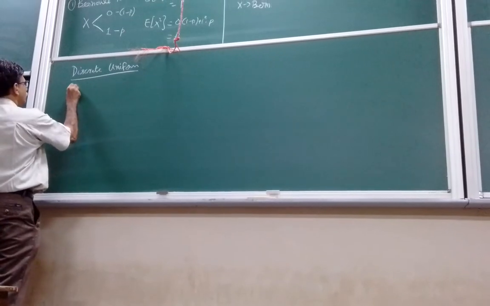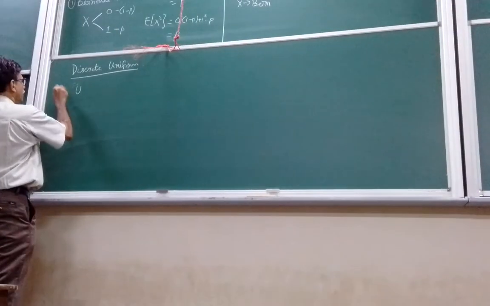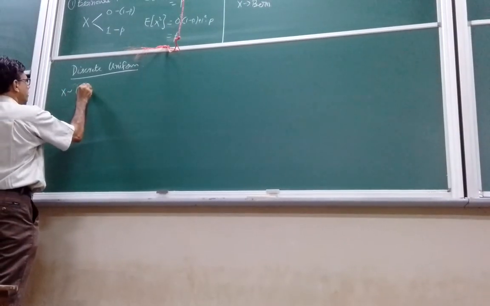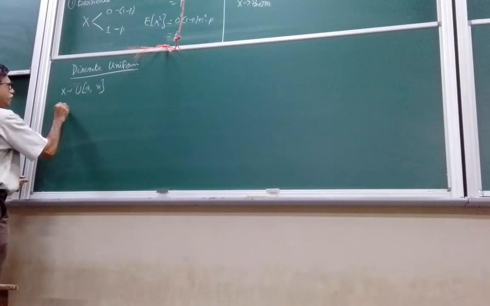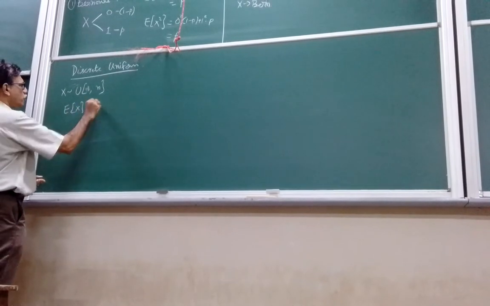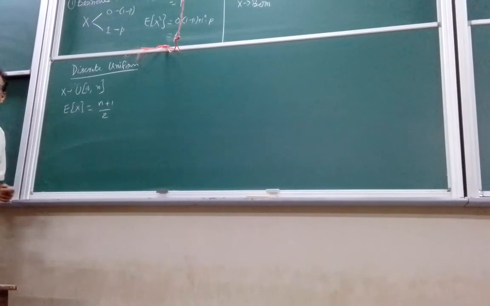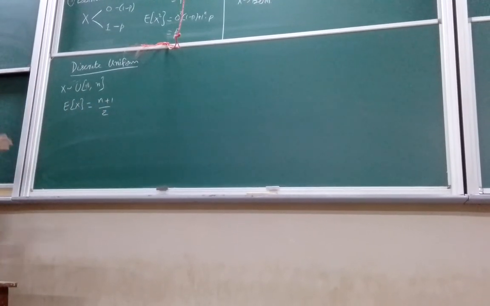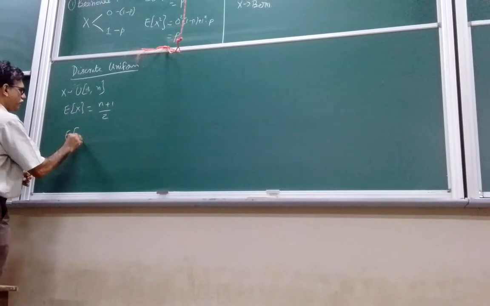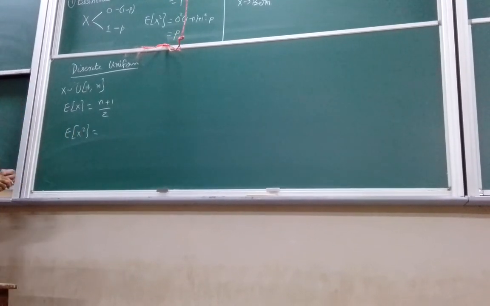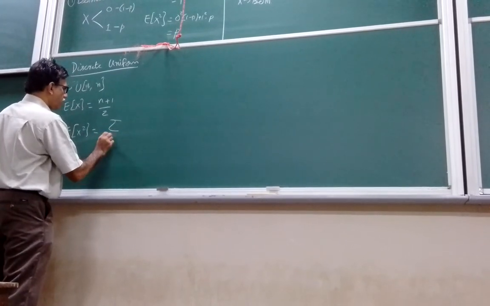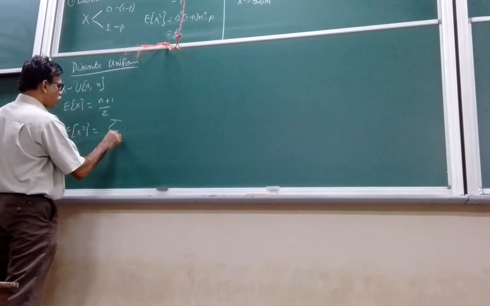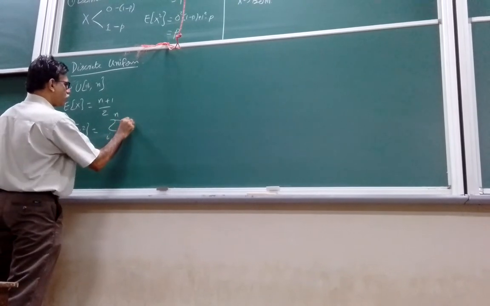So we assume that x is uniform over 1 to n. Therefore, E of x is equal to n plus 1 by 2. That's what we have found. Then we have to just find E of x squared. That is again sigma i ranging from 1 to n, i squared.